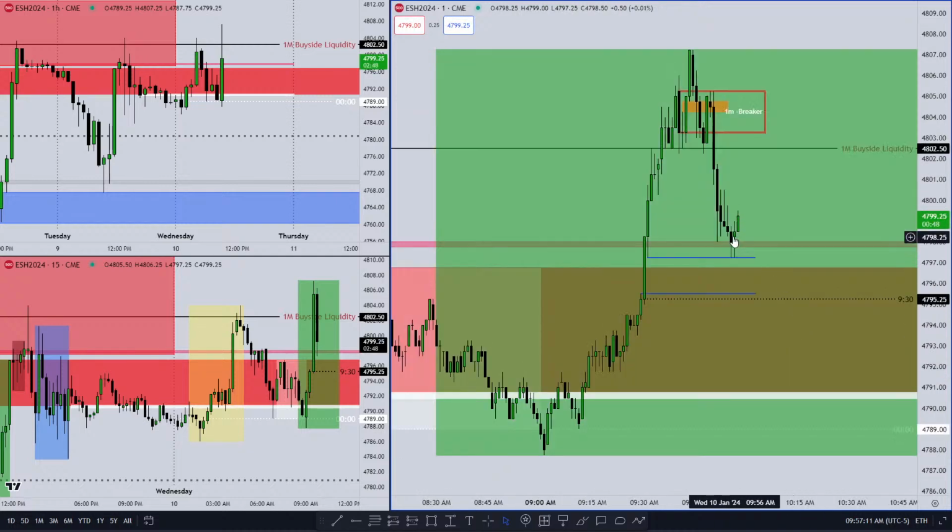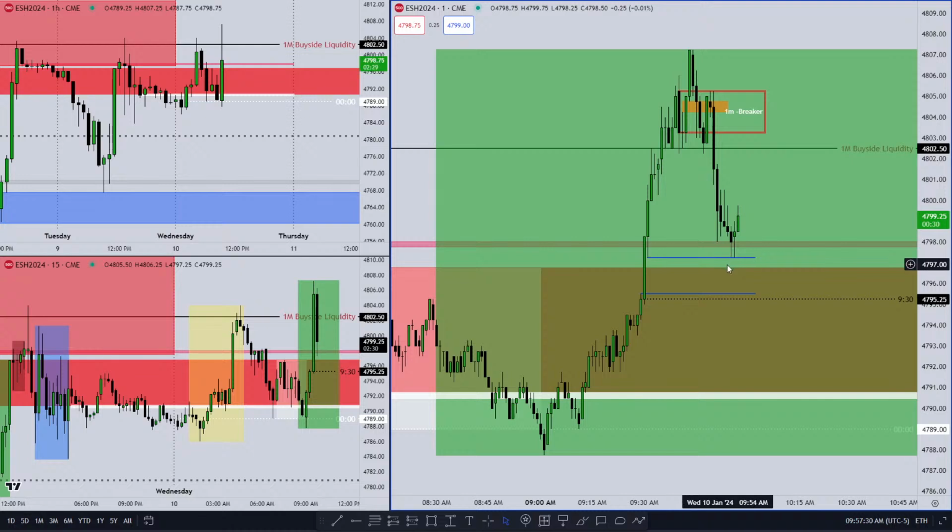So I definitely can retrace here up into this imbalance. But I would not like to see it trade any further above that. We've gotten into this imbalance high.